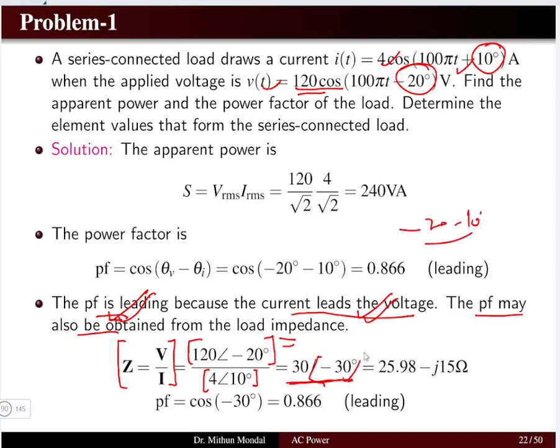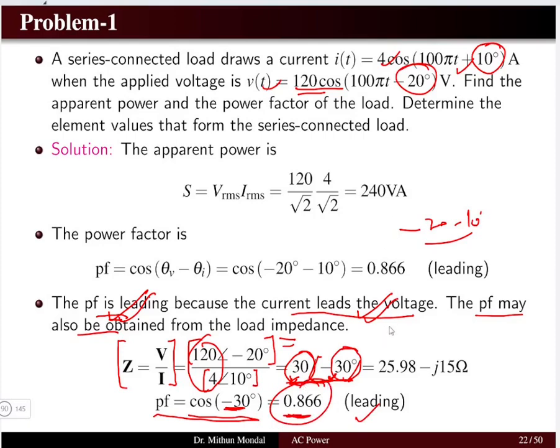So it will have minus 30 degree here, and 120 by 4 you will be getting 30. So the magnitude of the impedance is 30 ohms and the angle is minus 30 degree. So the power factor will be cos of this angle. The cos of minus 30 degree, you will get 0.866, which is the leading condition.